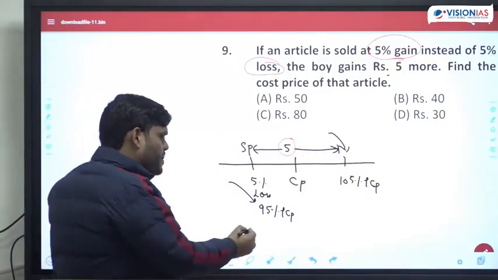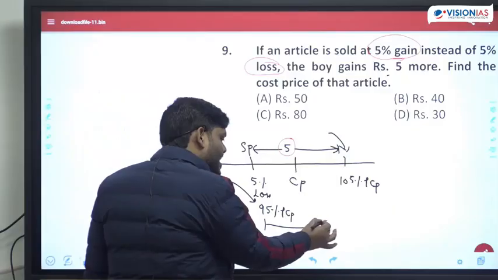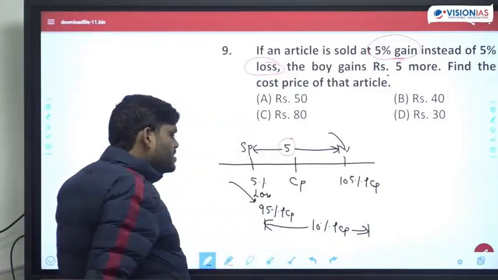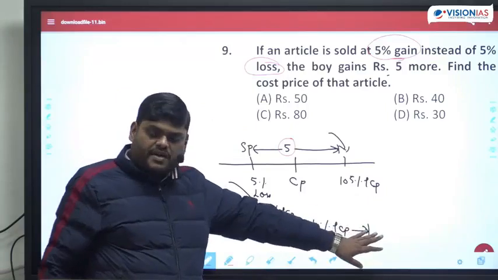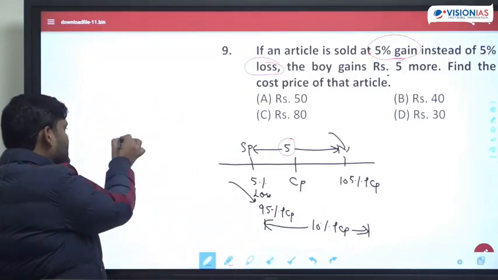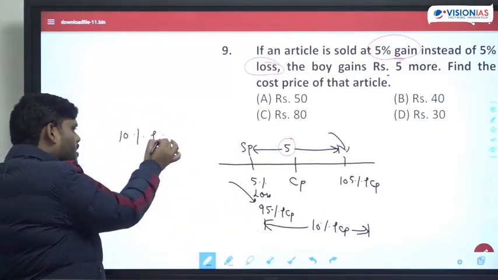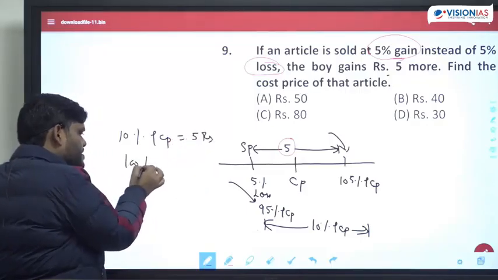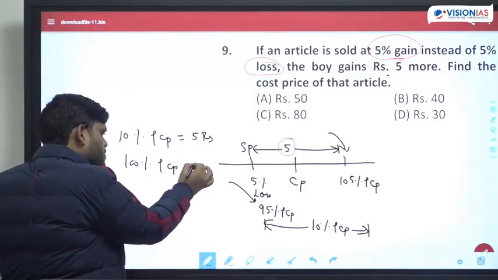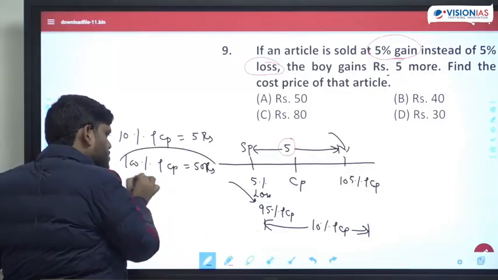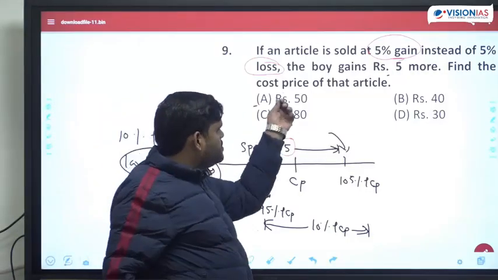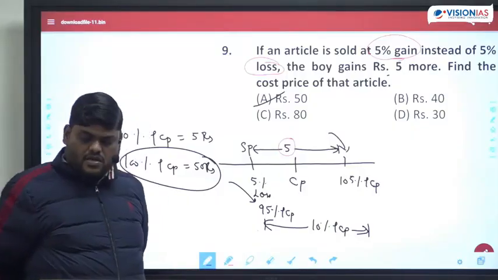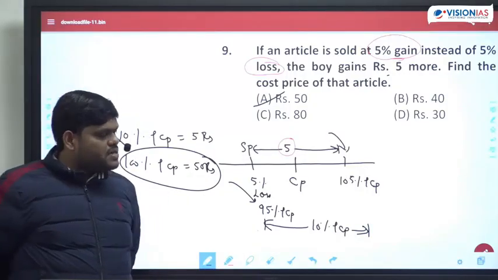And in terms of percentage, this journey is 10% of CP, or not? So from here we can say that 10% of CP is equal to 5 rupees. So 100% of CP is equal to 50 rupees.